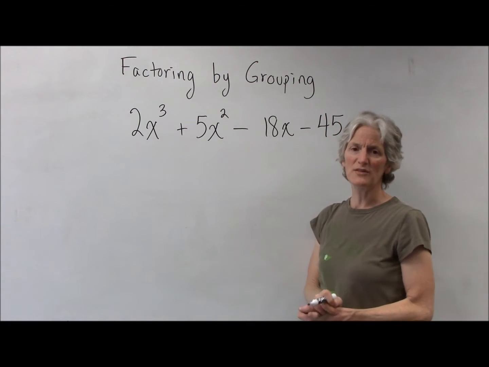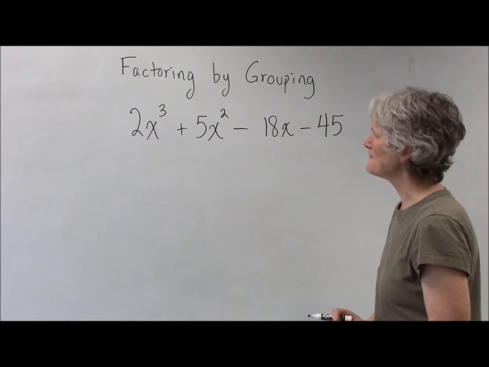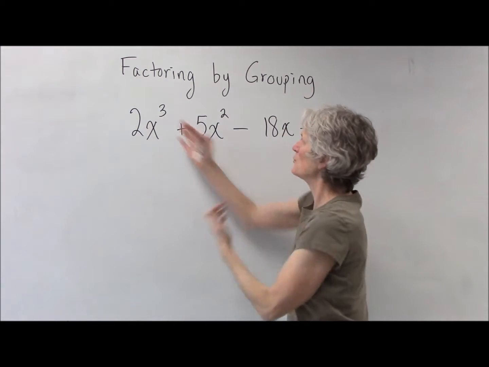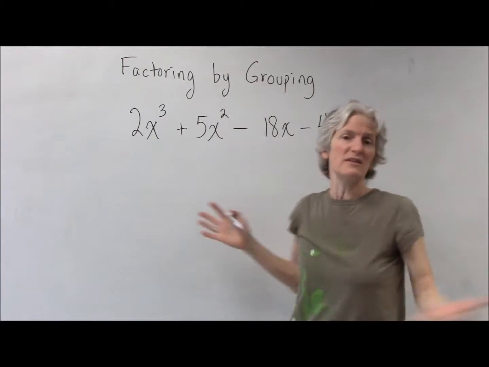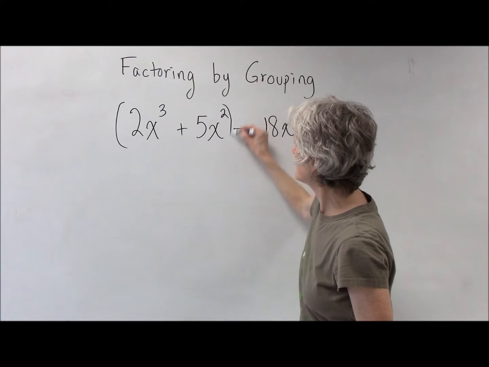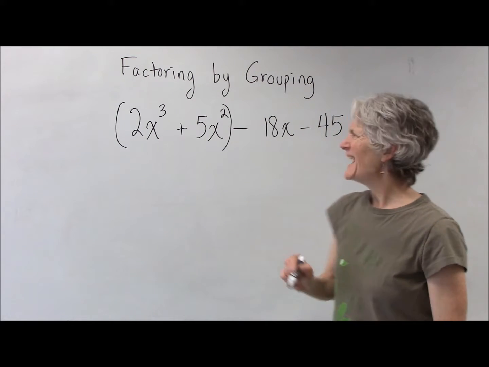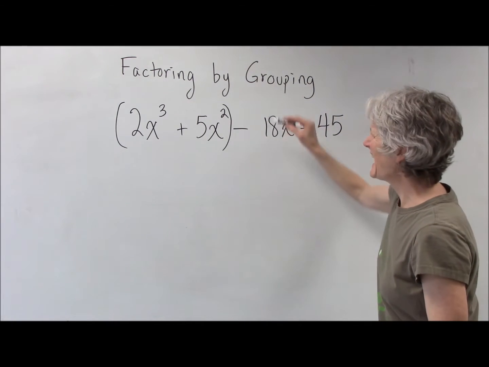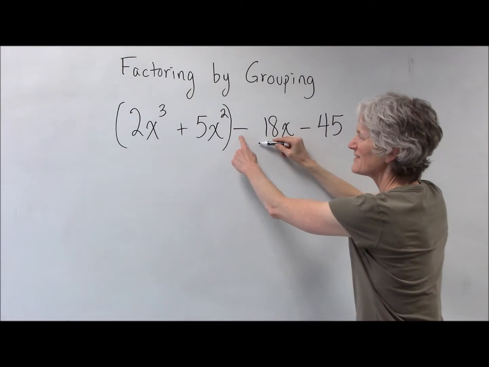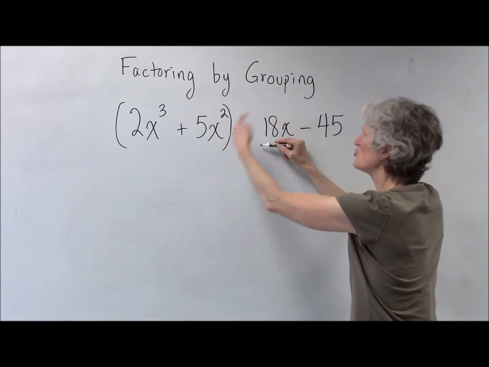only certain ones work with factoring by grouping. Okay, again, I don't always have to group the first two together. I could rearrange this and try different groupings, but let's just see if it works. I'm just going to go ahead and do that. But, ooh, I can't just put parentheses around this with that subtraction there, because then that would change things.